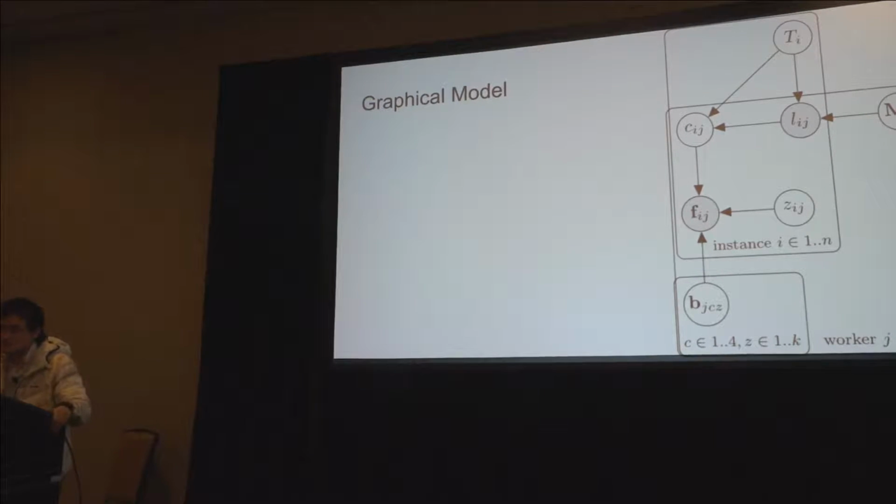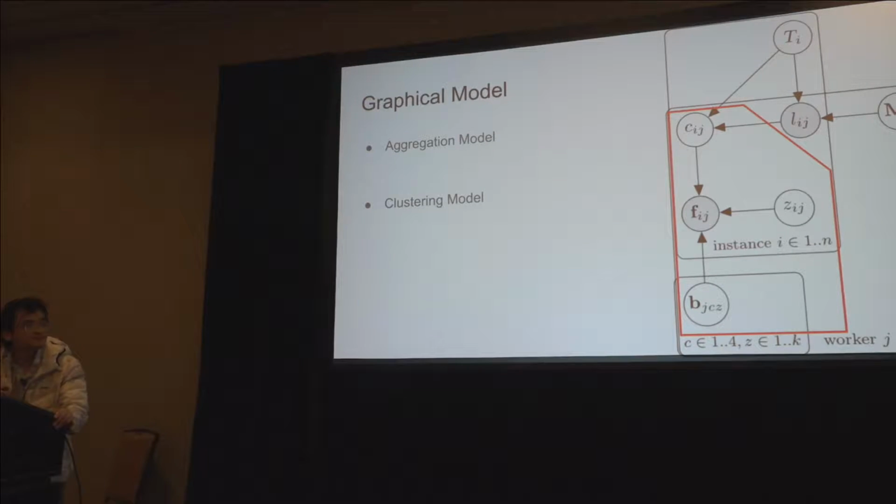In graphical modeling, this is a picture. We have this aggregation model on the top right, and then we have a clustering model in the bottom left. And then the idea is to combine these two models together in the graphical model.